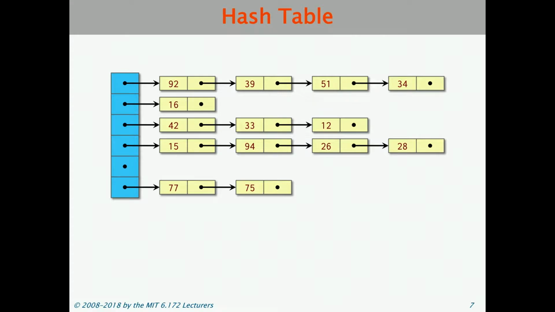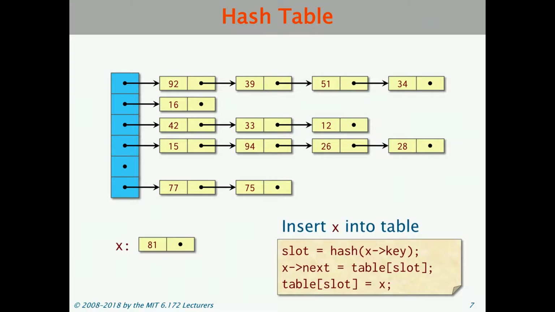You hash to a particular slot in the table, and then you chase down the linked list to find the value. For example, if I'm going to insert X, which has a key value of 81, I figure out which slot I go to by hashing the key. In this case, I made it the last one so that the animations would be easier than if it were in the middle.